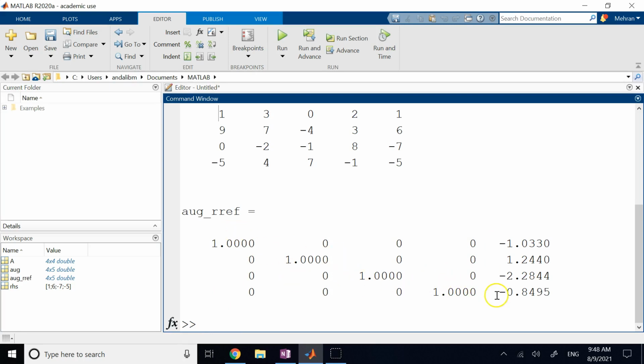So it directly gives you the solutions. If you look, the last variable is this number, the third variable is this number, the second one is this, and the first one is this. So basically, it gives you a lot better than a simple upper triangle.